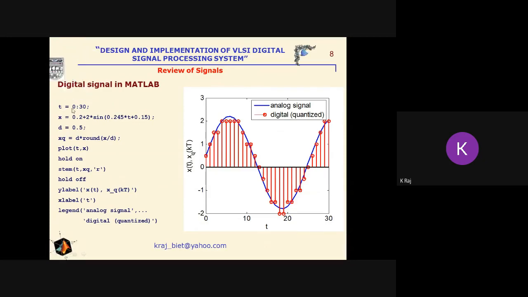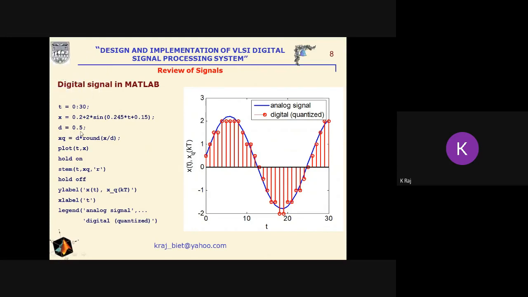The t is defined from 0 to 30, and x is 0.2, that is the DC value, plus 2 sine(0.245t plus 0.15). This is the sinusoidal function that will be generated and represented in blue color. That is the analog signal.